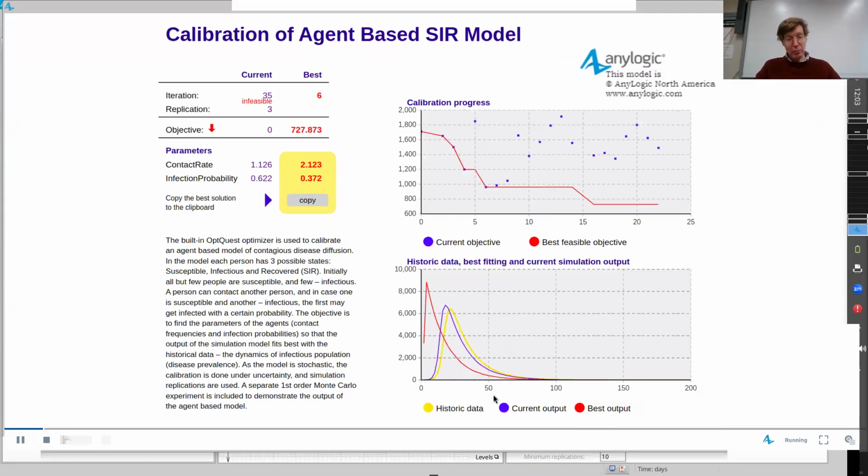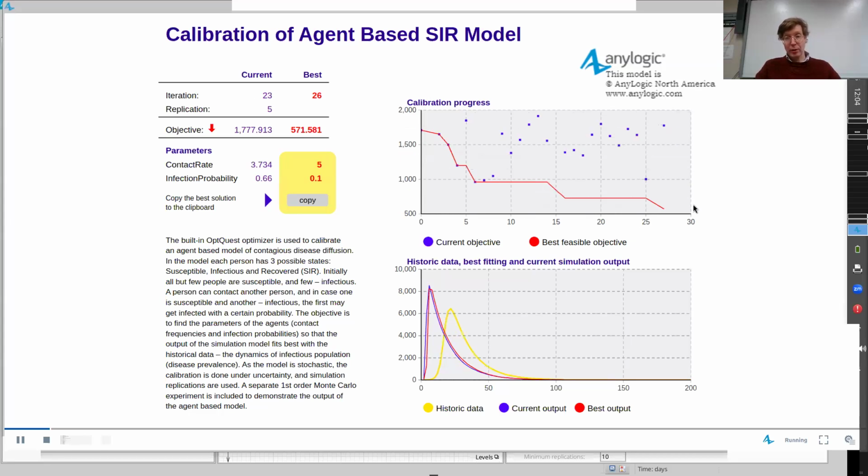It finds some particular realizations that are pretty good, but the best average is not that great. But it is making some progress. It's gotten it down to about a third of what it was originally. Not quite a third, but maybe a half to a third of its original value.